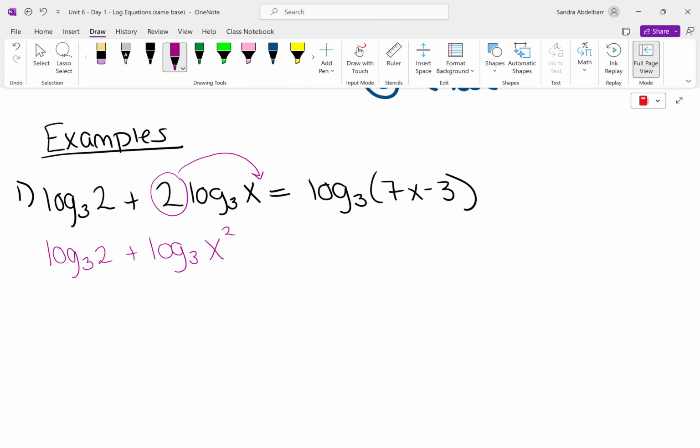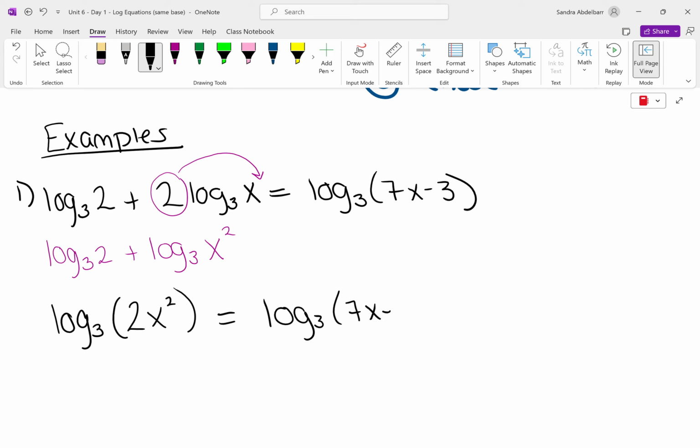Now we have log addition. What can I change that back into? Multiplication. So I'm now able to pull out 1 log base 3, and this is going to be 2 times x squared. At this step, I have 1 log on the left, 1 log on the right.